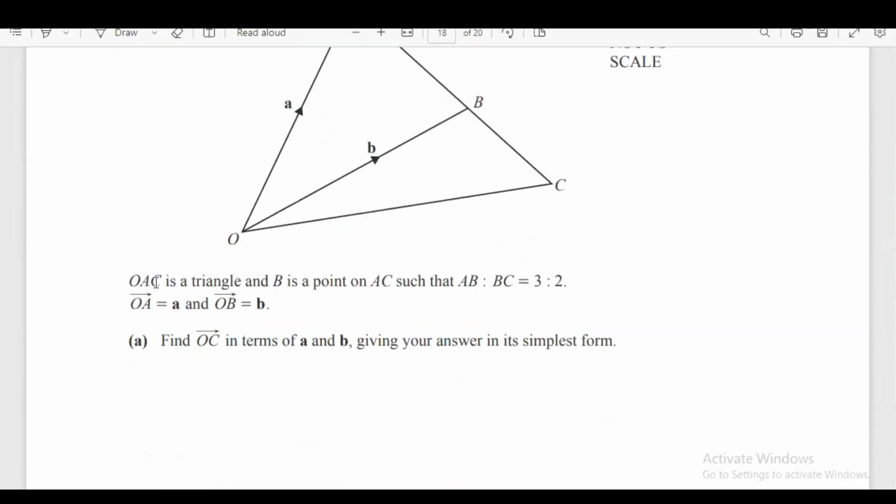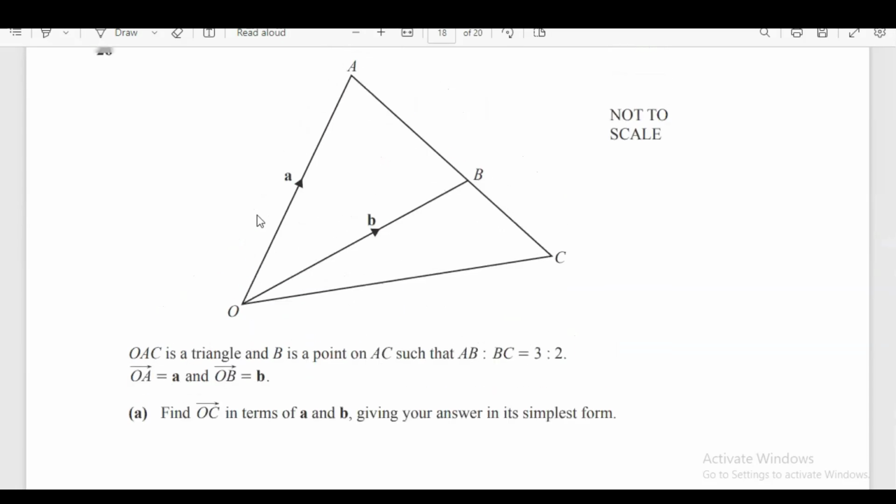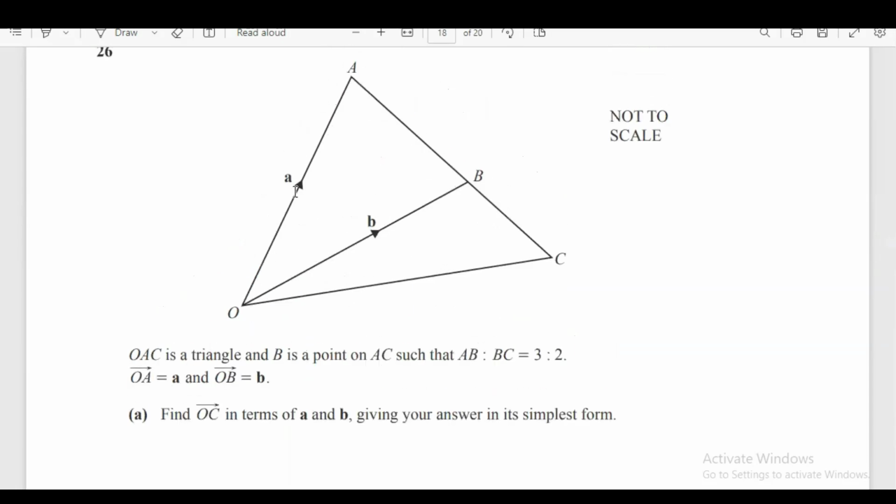OAC is a triangle and B is a point on AC such that the ratio of AB to BC is 3:2, where vector OA equals vector a, small a, this is the symbol of vector, and vector OB is vector b. We have to find vector OC in terms of a and b, giving your answer in the simplest form.